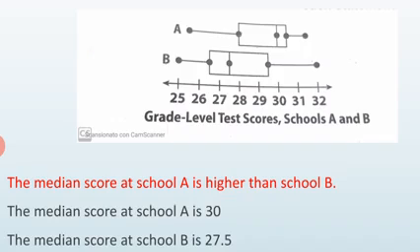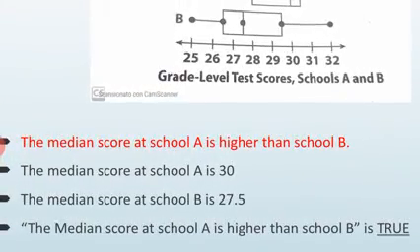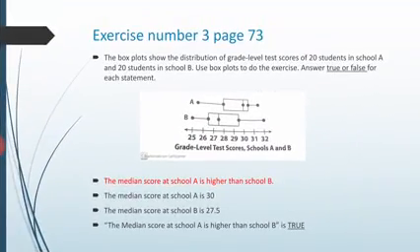In school B, the vertical line is in the middle between 27 and 28, so we can suppose it is equal to 27.5. So the median score at school B is 27.5. The statement that the median score at school A is higher than school B is true, because 30 is bigger than 27.5. So exercise number 3 is true.